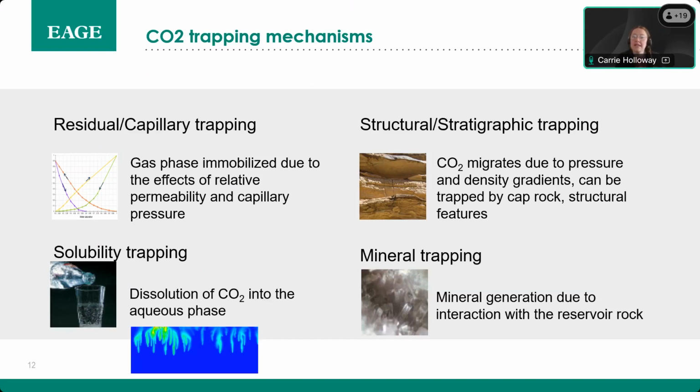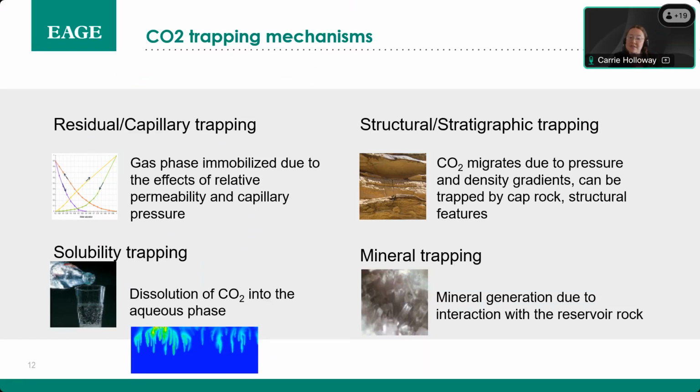There are 4 key trapping mechanisms. When CO2 is injected, it will displace the brine and migrate in response to buoyancy forces and pressure gradients. As the reservoir brine imbibes back into the pore space, you get small isolated blobs of CO2 which will be trapped by capillary forces.